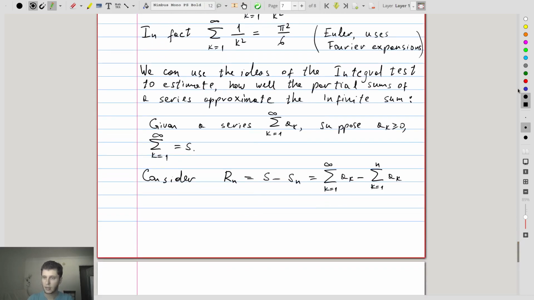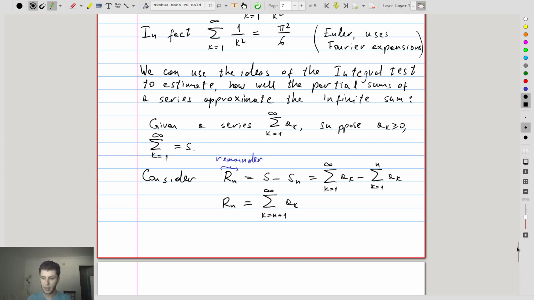And this is what we'll call the nth remainder of our series. So it gives the remainder between the infinite sum and the nth partial sum. And so if we rewrite this difference, we'll get that it's equal to the sum for k from n plus 1 to infinity of a_k.